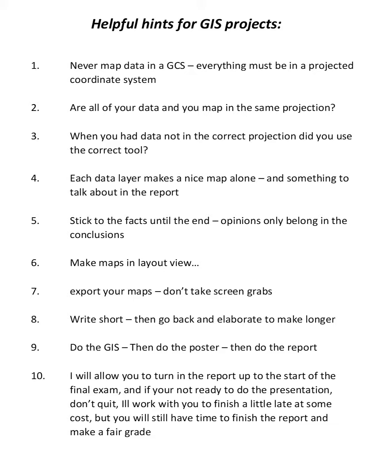The layout view, when you're working in there, you can go over and change the labels on the data in your table of contents, and that will be updated in your legend and on your maps.